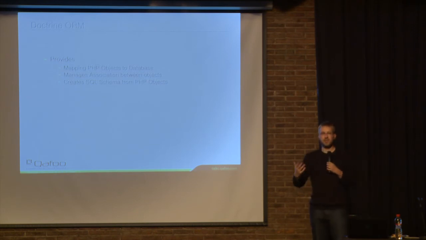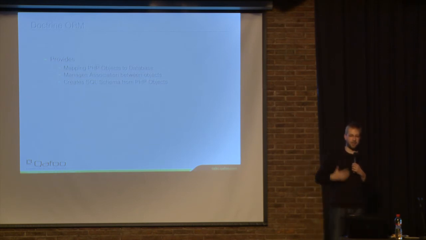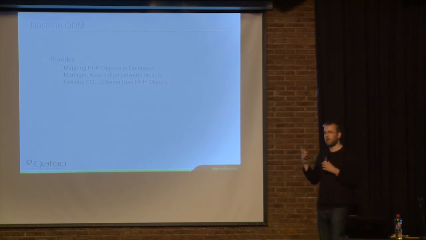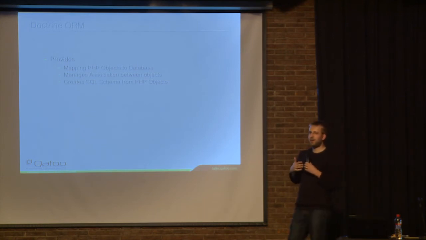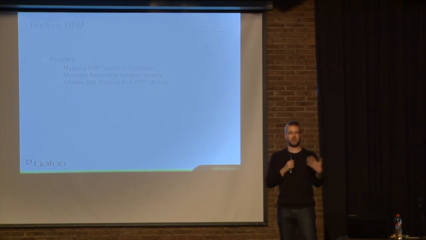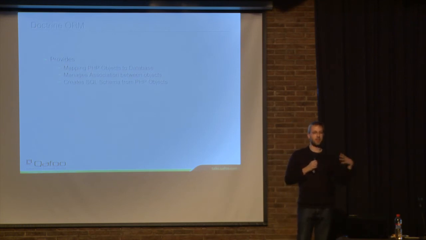It's our biggest project, and it's a very complicated project as well. It allows you to map any PHP object that you have to a database table and back. Saying it allows you to map this sounds rather simple, but the mapping is actually very complex.